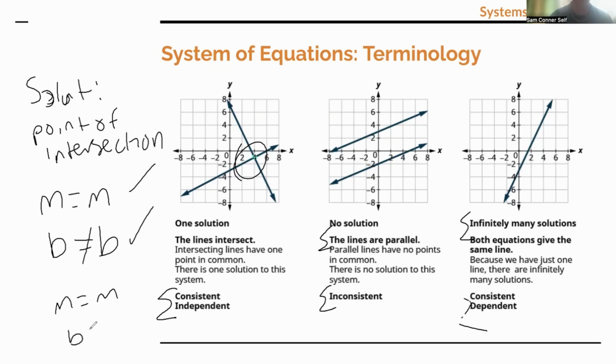So m will be equal to m and b will also be equal to b. And then for this first one, thinking about these relationships between slopes and y-intercepts, the slopes are going to be different and the y-intercepts are usually different, but sometimes that is the point of intersection.